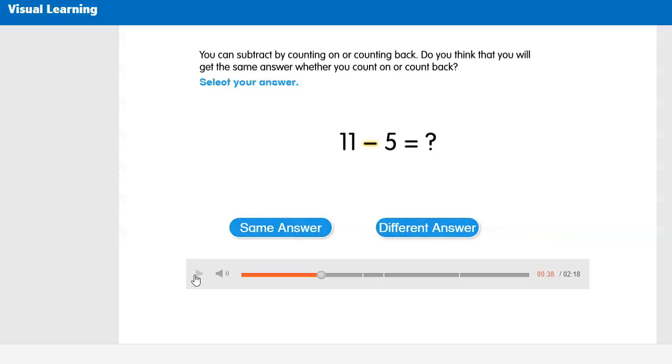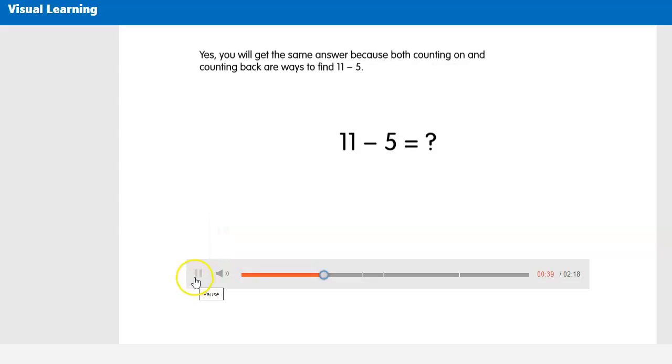Select your answer. So do you think that you will get the same answer whether you count on or count back? Yes, you will get the same answer because both counting on and counting back are ways to find 11 minus 5.